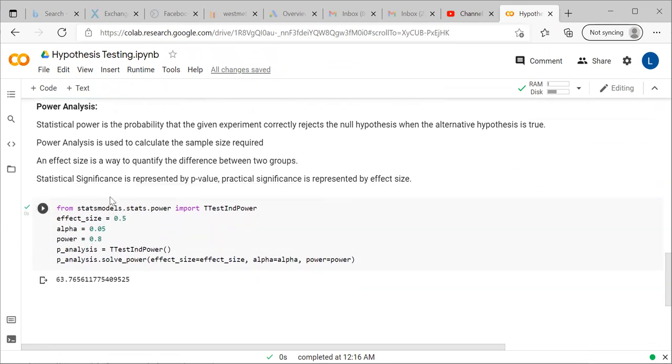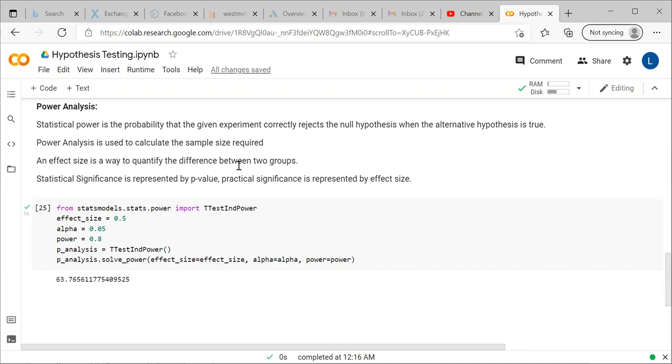Then effect size is something new. When you consider the alpha, it talks only about the samples. But effect size actually shows the difference between two groups. It is a way to quantify the difference between two groups.